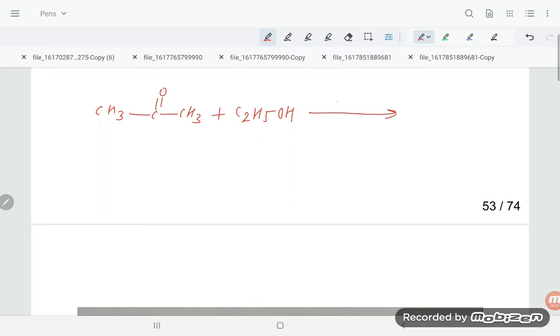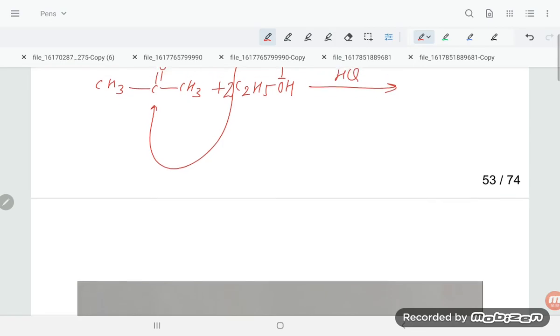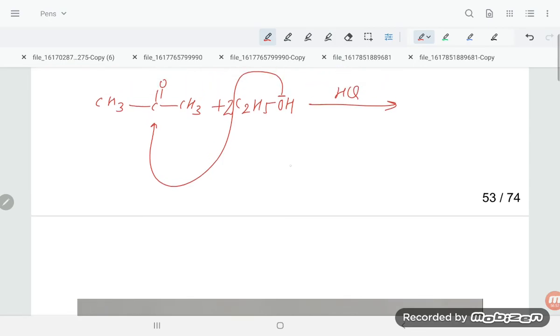And here if you are treating with HCl, what compound are you going to get? Firstly the negative charge will attack here. So 2 mole you take, students. Let us have a look at what the possible product will be.